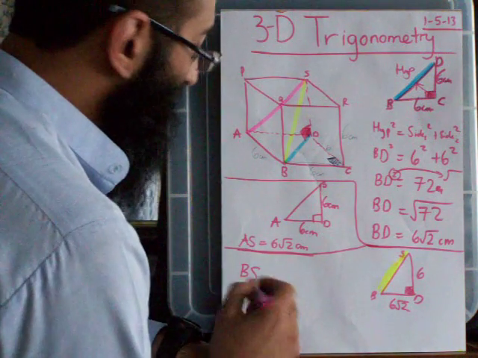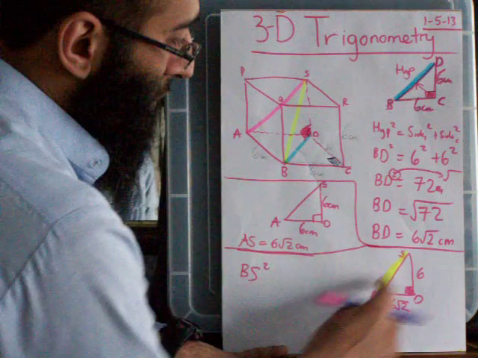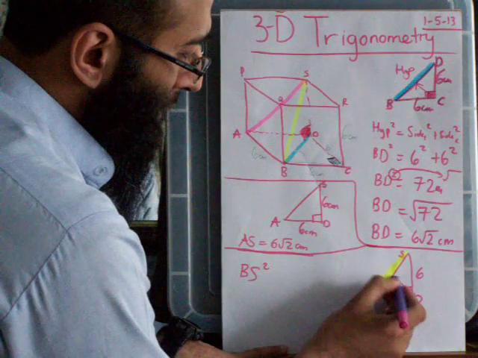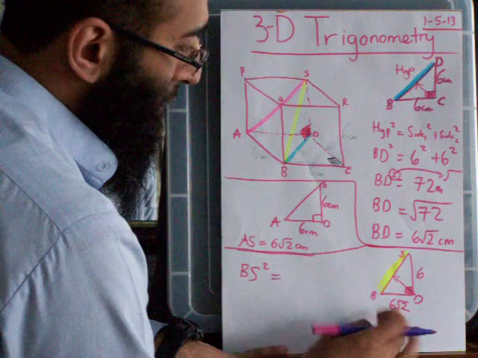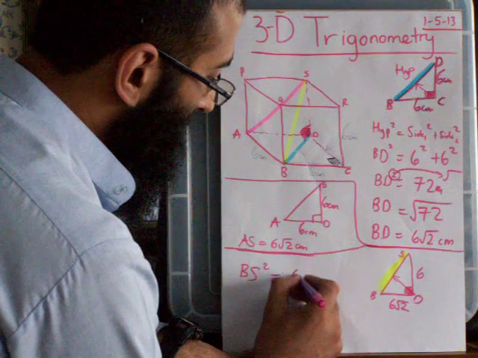So what is Pythagoras theorem saying? BS squared, so the hypotenuse squared, this is the hypotenuse. Hypotenuse squared is equal to the sum of the other 2 sides squared.